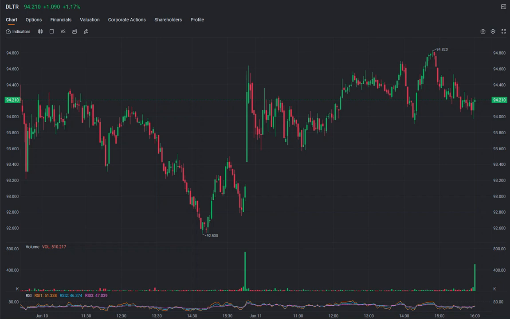Now I want to help my odds, and I want to assume trading with the trend of DLTR during that particular trading day. If I'm looking at the day of June 11, which was yesterday, I see a gap up in the morning session.